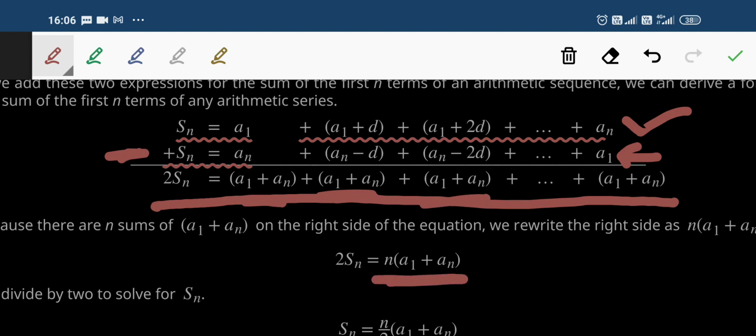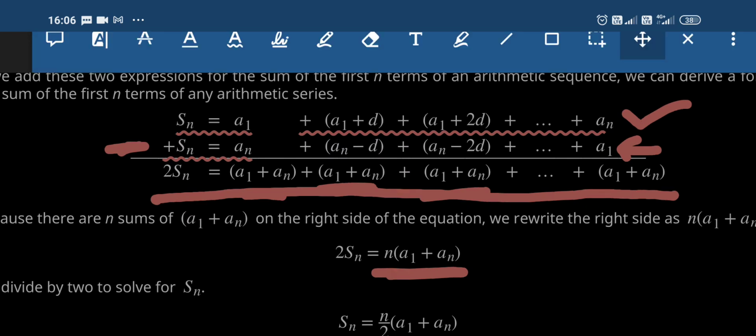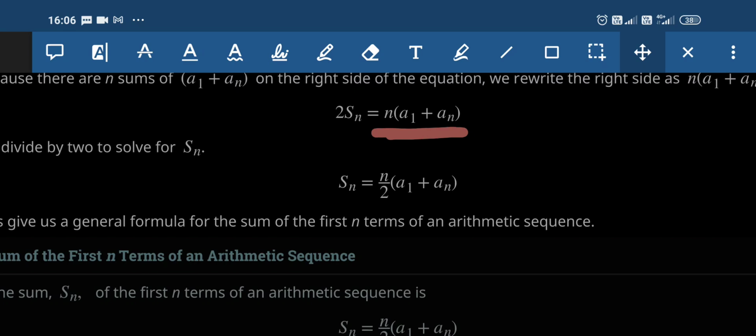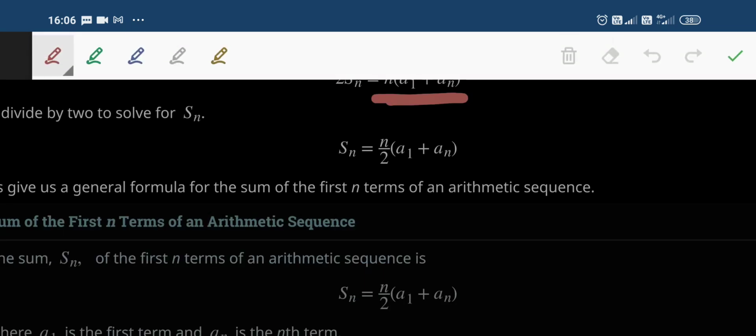So 2Sn equal to n times a1 plus an, and now the general formula will be Sn equal to n by 2.